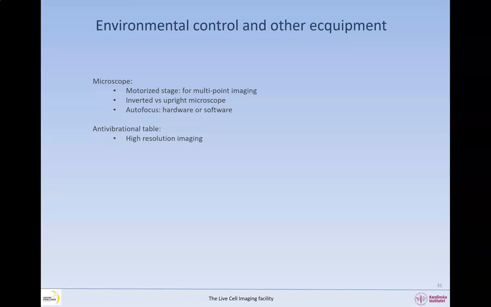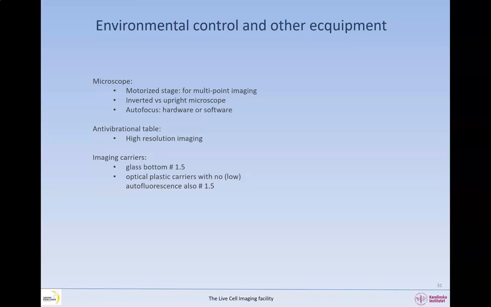Since the choice of microscope for live imaging is often an inverted microscope with the objective below the stage and thus in direct contact with your sample carrier, the bottom of your sample carrier should be made of glass with the specification number 1.5, or optical plastic also specified as number 1.5. This means a thickness of 170 micrometers. These choices will ensure high optical quality for imaging, but also low autofluorescence.